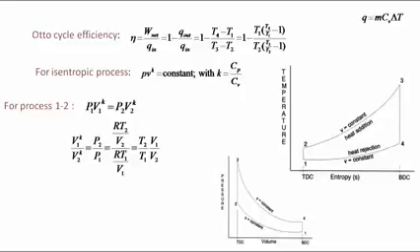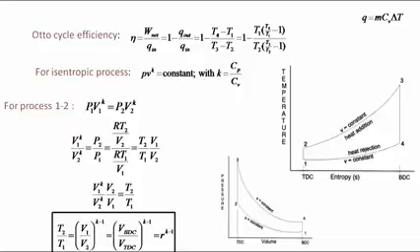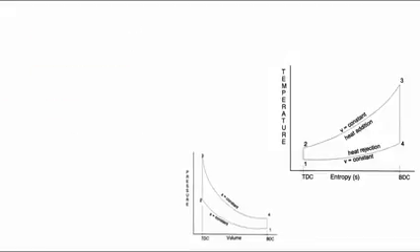From the ideal gas formula, P2 by P1 is RT2 by V2 over RT1 by V1, that is equal to T2 by T1 into V1 by V2. So V1 whole power K by V2 whole power K is equal to T2 by T1 into V1 by V2, which can be further simplified as T2 by T1 is equal to (V1 by V2) whole power K minus 1, that is equal to (volume at BDC by volume at TDC) whole power K minus 1, that is equal to compression ratio whole power K minus 1.